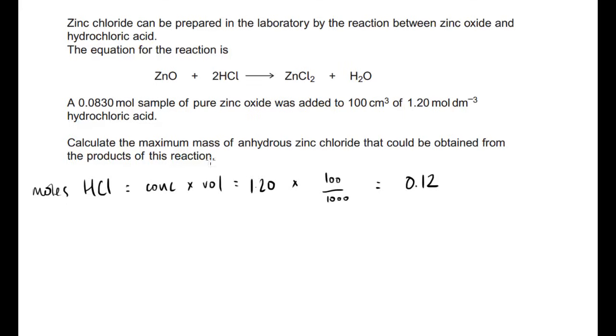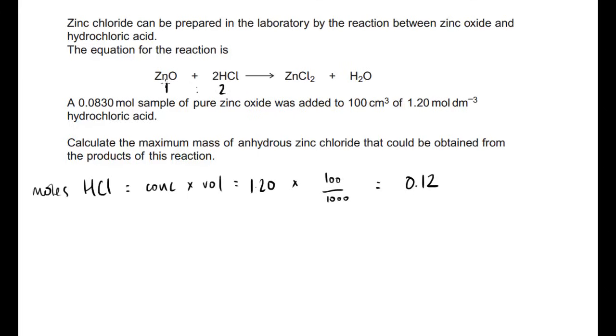Now a quick bit of thinking here will explain the next part. If I had 0.2 moles of this, it would react with 0.6 moles of this. Whereas if I had 0.12 moles of this, because the ratio is 1 to 2, it would react with half of this.